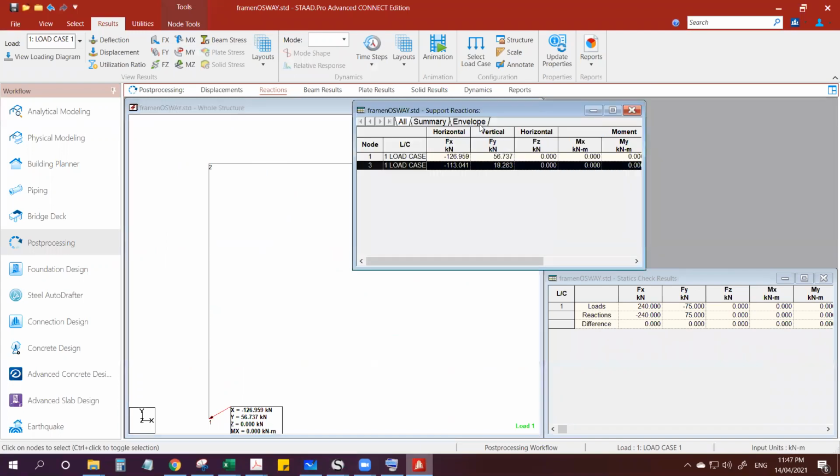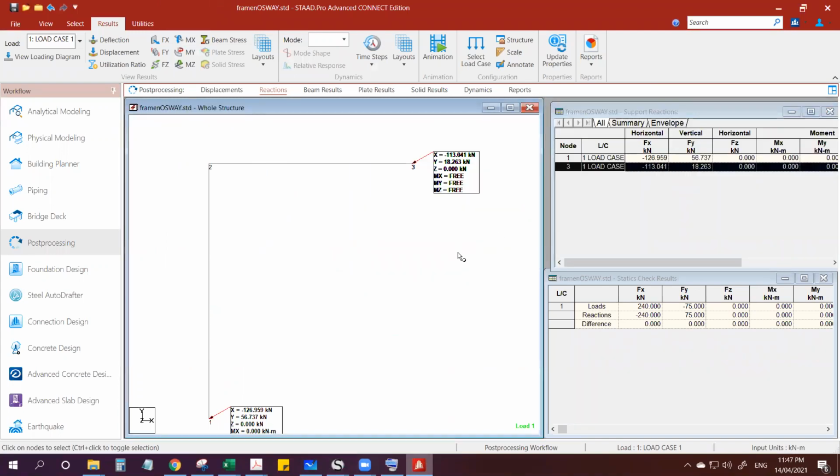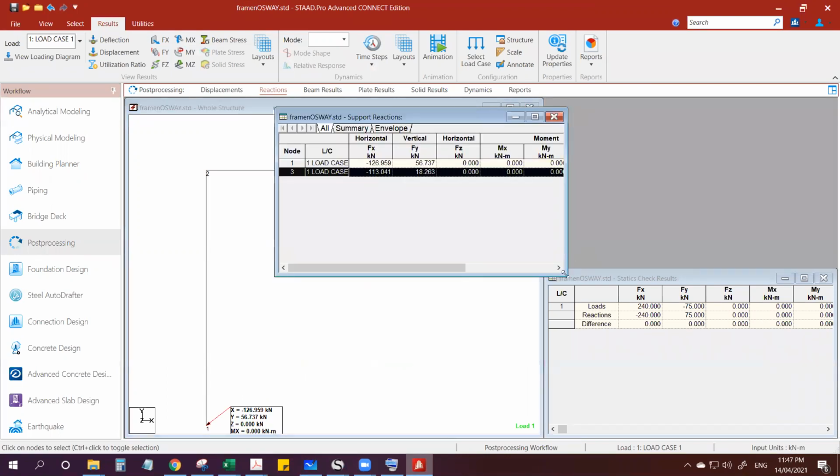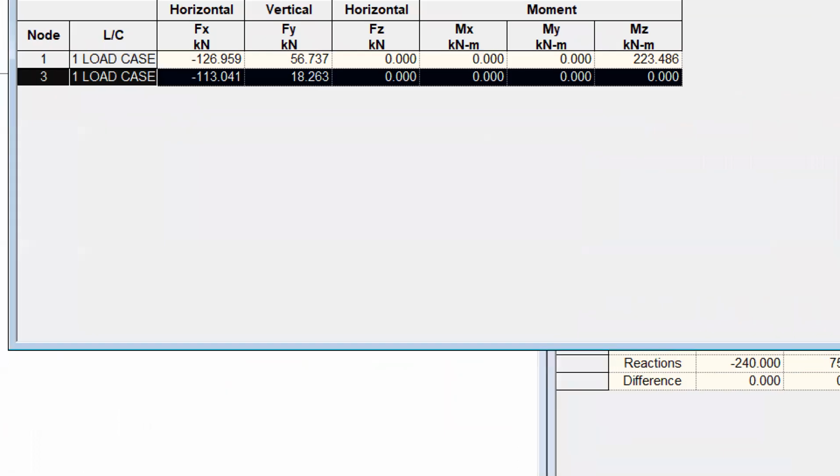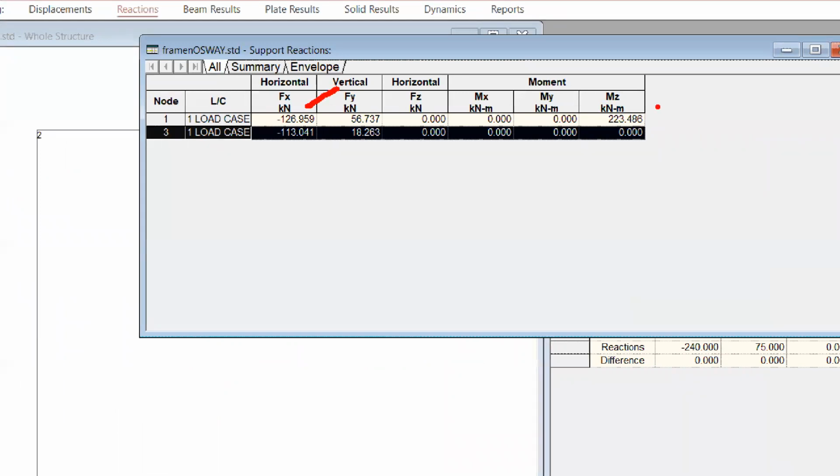Which is this one or this one. 126, 18. Okay. Where is the moment? 222. This one. Okay, 126, 222, and 18 vertical reaction.